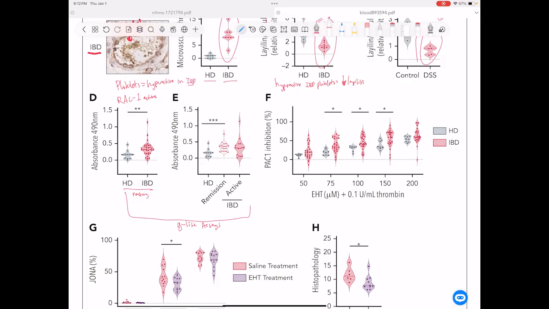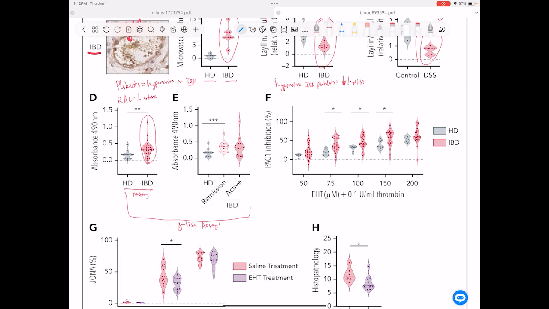So we just looked at it at resting. And what is shocking is that our IBD patients had so much more of this active RAC1 just sitting in their platelets. Like we were not expecting this. We were hoping for it, but the amount that we saw here was wild.